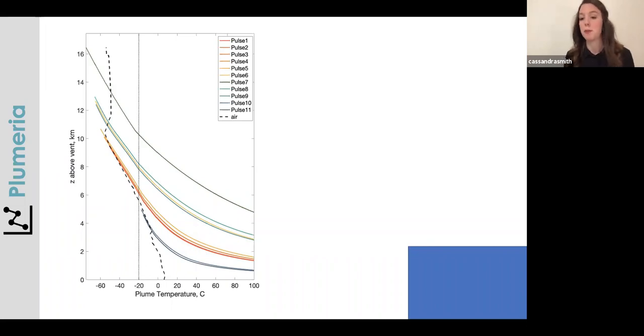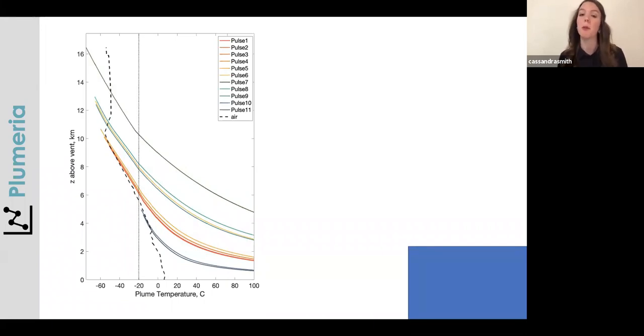You might remember from the beginning that negative 20 degrees Celsius is the temperature where we think ice is going to start to form on ash particles in the plume. One of the interesting things we can see here is that pulses 10 and 11, those final two pulses, were incredibly small. They had very few flashes, and they don't even reach negative 20 temperatures. They're warmer than that the entire time.